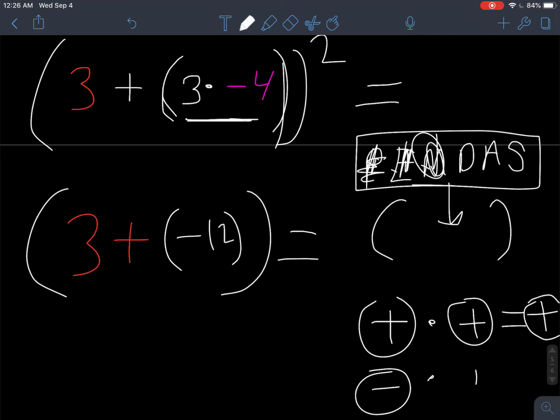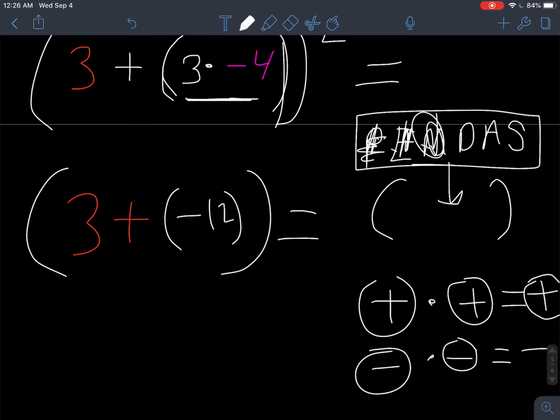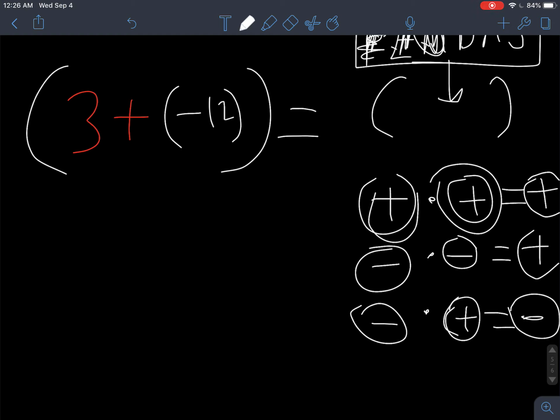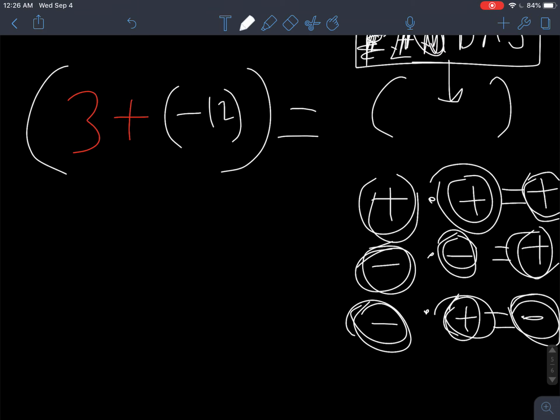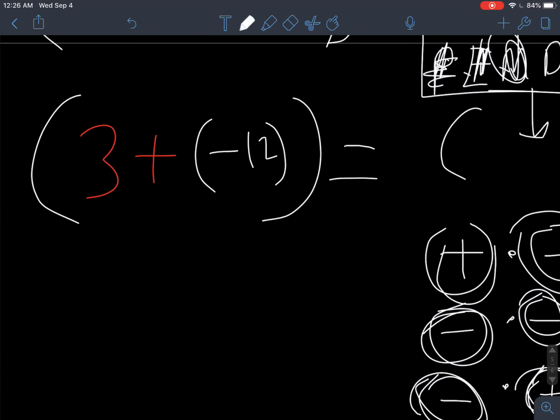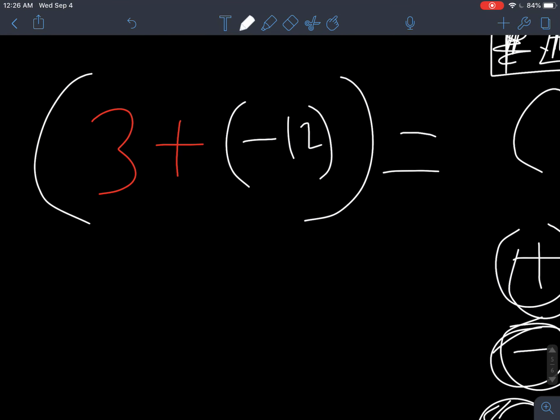Negative times negative equals positive number, and negative times positive equals negative. Just think of it as, two positive people together, they'll have a positive relationship. Two negative people together, they'll have a positive relationship. If you have a positive and negative person, they're going to have a negative relationship, right? I'm sure that's how it works. Okay. So you have negative 12.